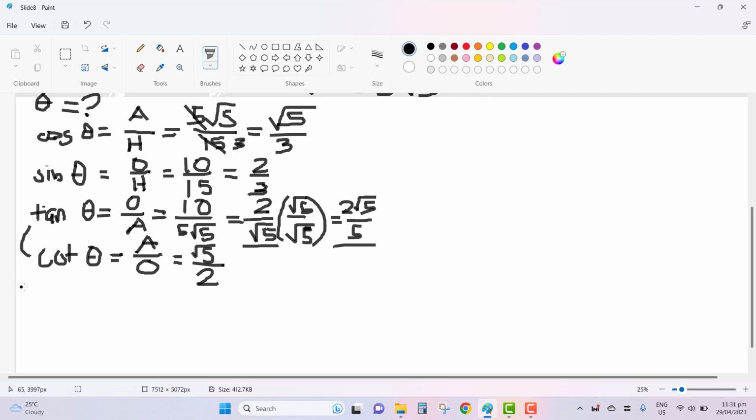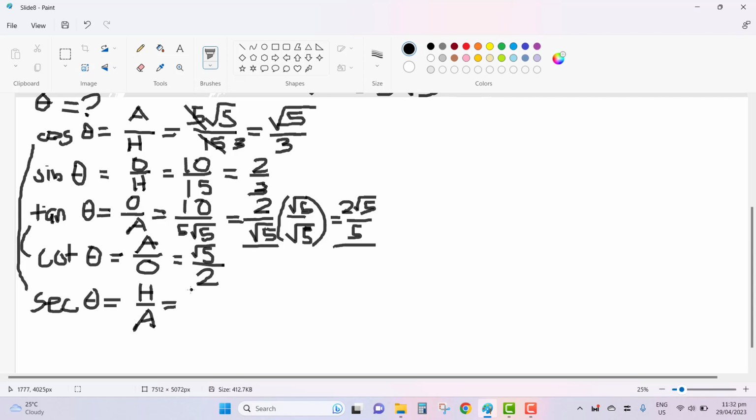The next trigonometric ratio is known as secant theta. Secant theta is the reciprocal of cosine theta. So cosine theta is the ratio adjacent over hypotenuse. In short, secant theta is the ratio of hypotenuse over adjacent. And we are just going to reciprocate the answer here.